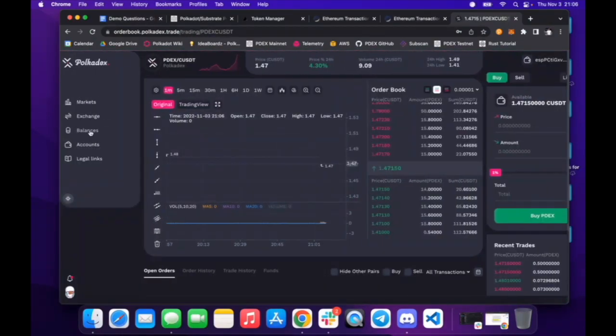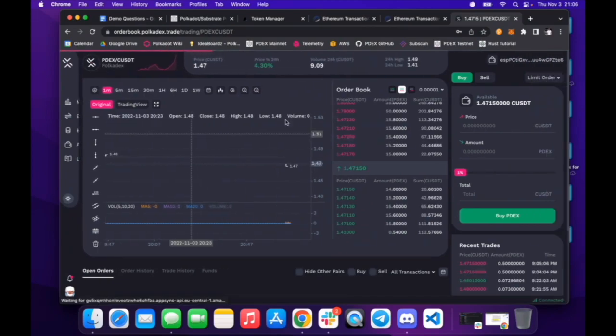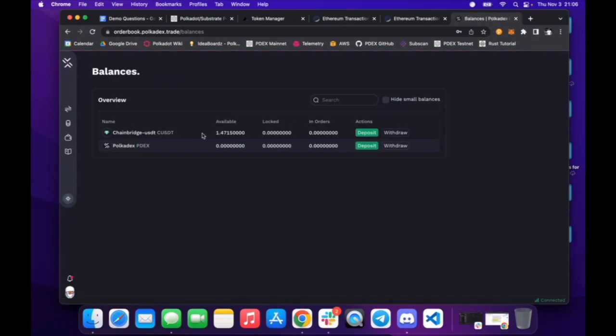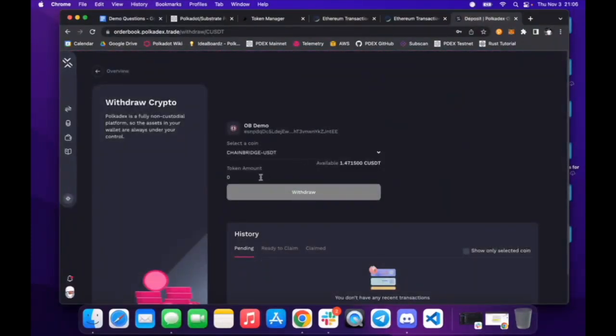Once you're done trading, now let's say you want to withdraw your assets. I go to my balances, I see what all assets I have, and I see that I have some USDT, and I want to withdraw some of that USDT partially.